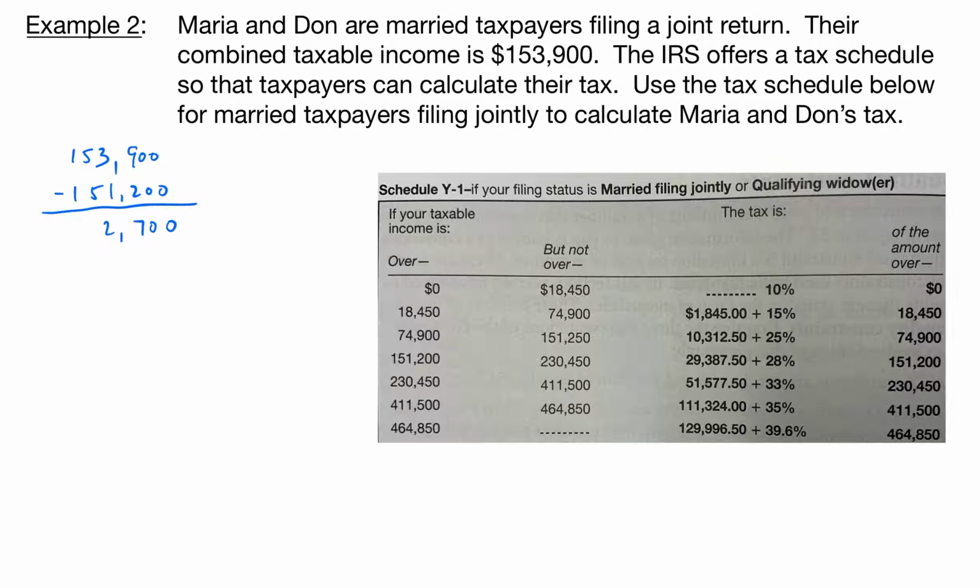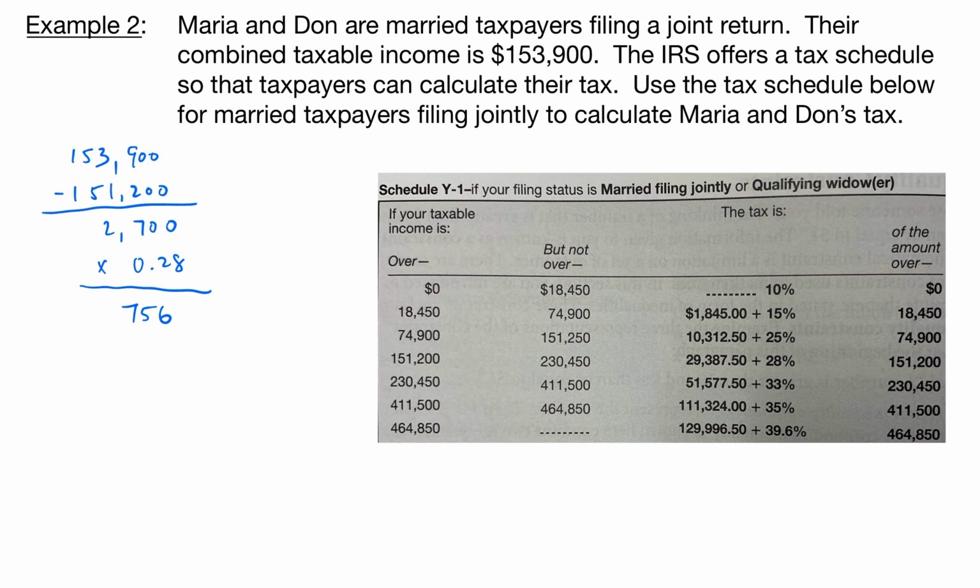Then from $2,700, we're going to multiply that by 28%, or 0.28. Multiply that out, and that works out to $756. So that's how much additional tax they have to pay because their income is above $151,200.